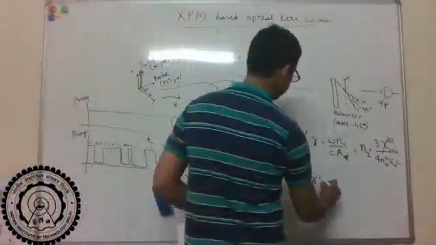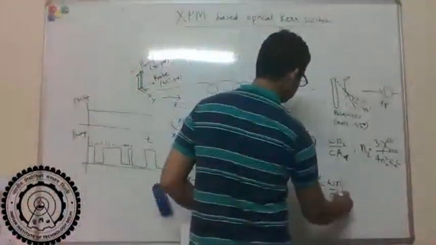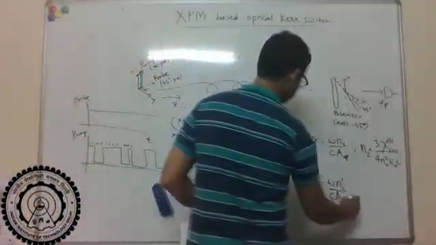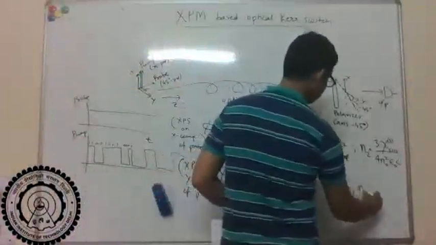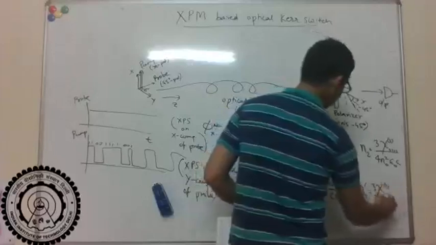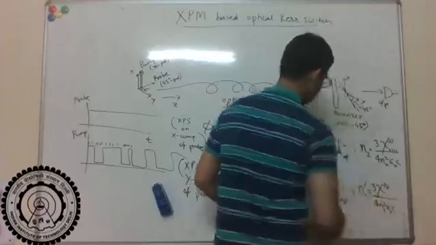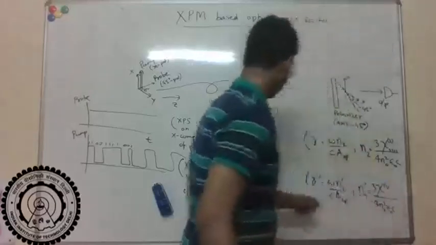So gamma prime will be omega times some n2 prime, because that n2 prime is now from a different tensor element. So what will be the tensor element coming in here?